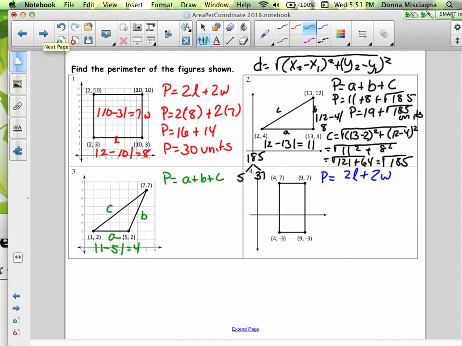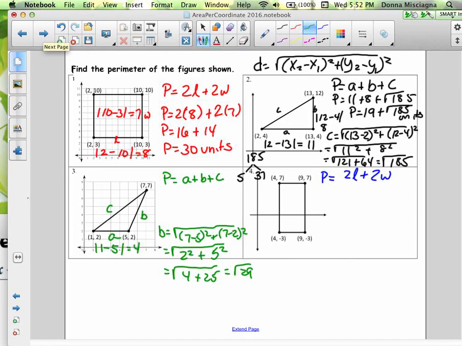And let's use the distance formula for B and C. So B here is going to be the square root of 7 minus 5 squared plus 7 minus 2 squared, which would be 7 minus 5 is 2 squared, 7 minus 2 is 5 squared, which is 4 plus 25, which is the square root of 29. Well, that's a prime number, so I'm all done simplifying that.